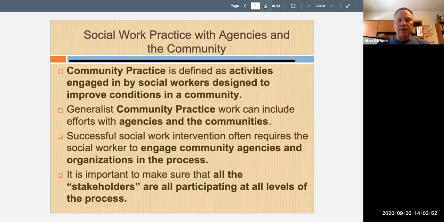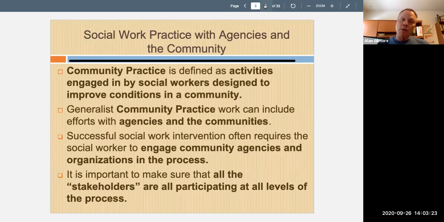Generalist community practice work can include efforts with agencies and communities. And in fact, obviously you can't do community social work without engaging and participating with partnering agencies or organizations and community members. Successful social work intervention often requires the social worker to engage community agencies and organizations in the process.